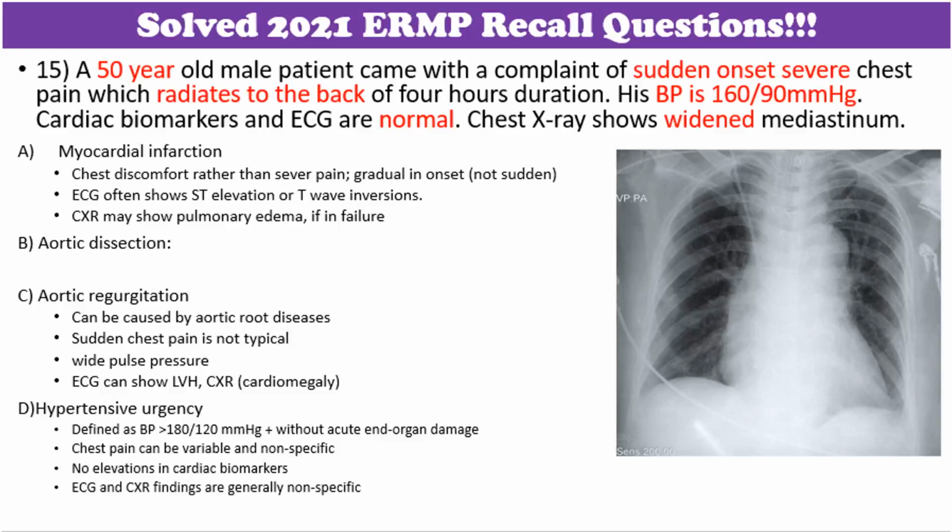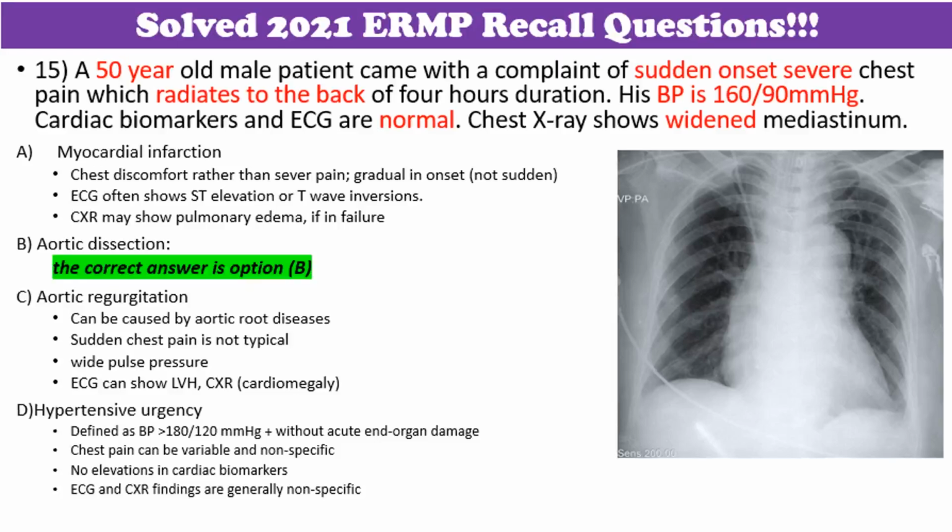There are typically no elevations in cardiac biomarkers unless there is concurrent end organ damage like in hypertensive emergency. ECG and chest X-ray findings are generally nonspecific but may show signs of chronic hypertension, such as left ventricular hypertrophy. So hypertensive urgency does not explain the widened mediastinum or the acute presentation with severe chest pain of this patient. The most likely diagnosis in this scenario is aortic dissection.